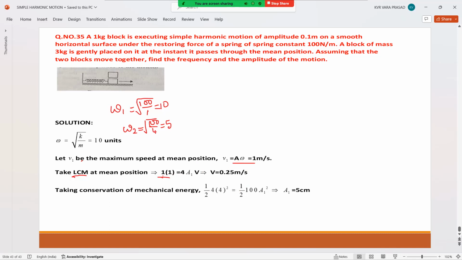Momentum just before placing 3 kg block is 1 into 1. That is equal to momentum after placing. Mass becomes 3 plus 1, 4 kg. Velocity becomes now, take it as V, so it is equal to 4 V. So velocity becomes how much here? It is 0.25 meter per second.